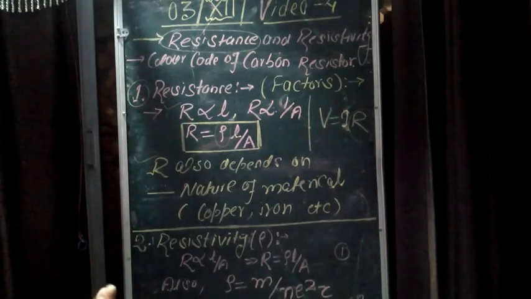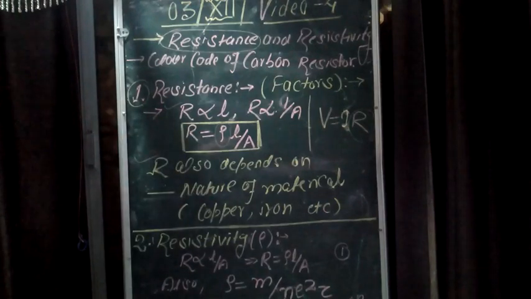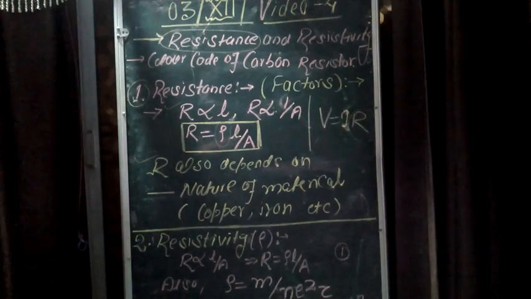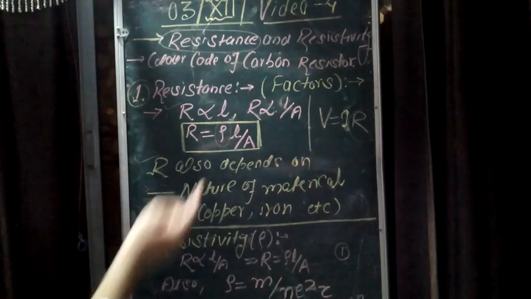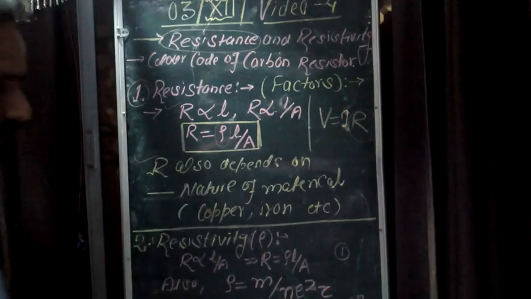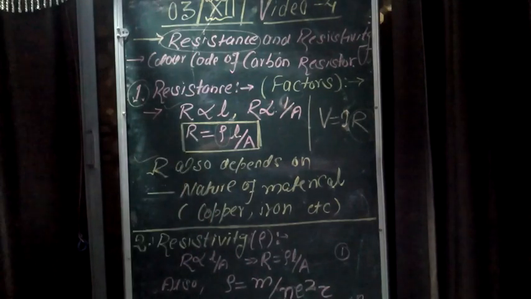Generally we have taken that R depends upon the length of the conductor. If the length of the conductor is doubled, the resistance of the conductor is also doubled. Second one is area of cross section. If area of cross section is doubled, the resistance becomes half.